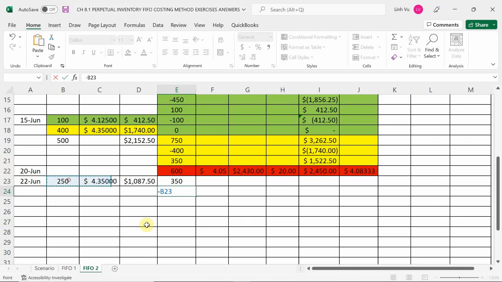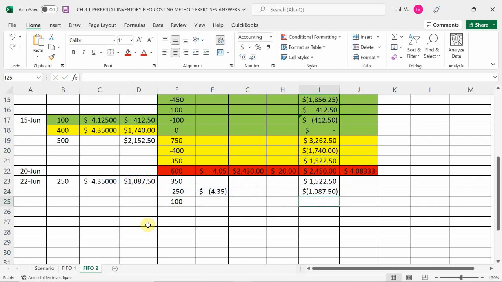So then now I need to take that out because right now I currently had 350. I just sold 250, so I should have 100 left. I started out with 1522.50 and I just sold 1087.50. I should have $435 remaining, right? Because 100 at $4.35 should give you $435.